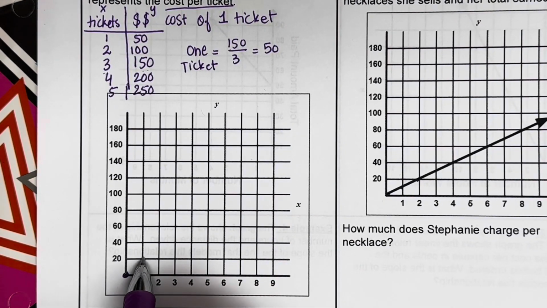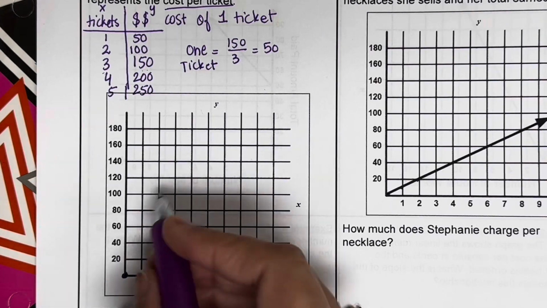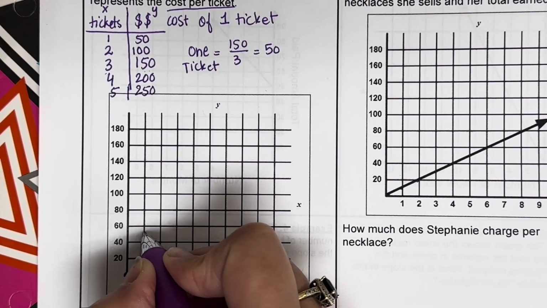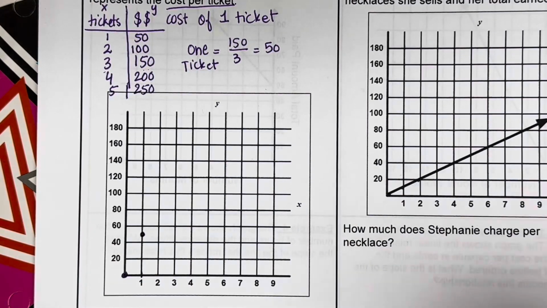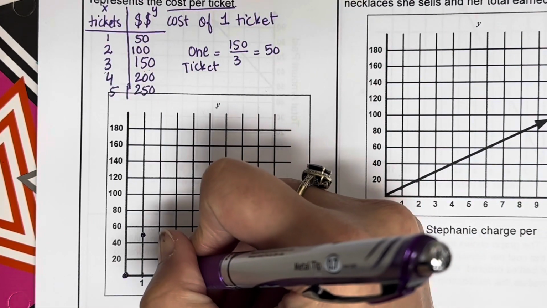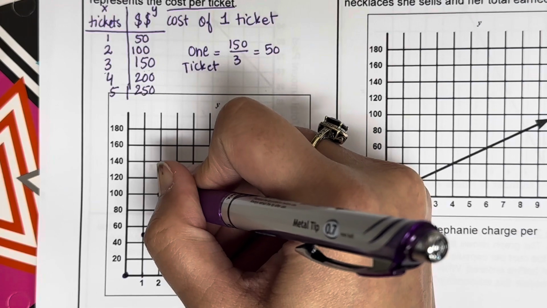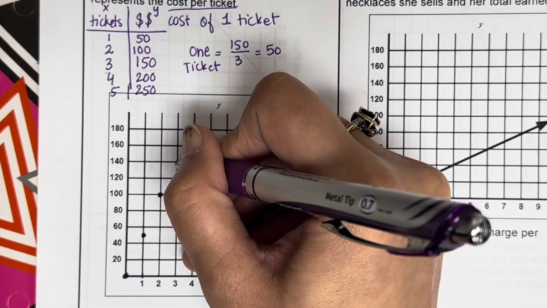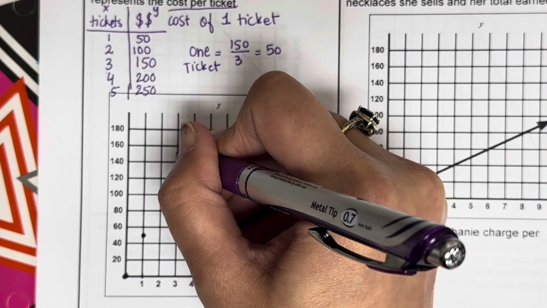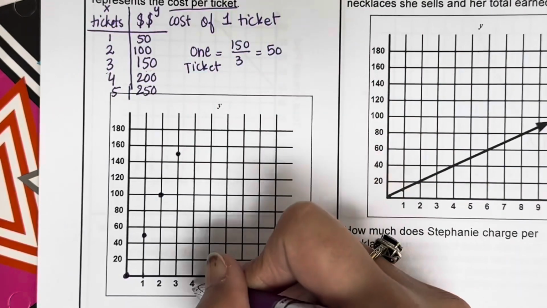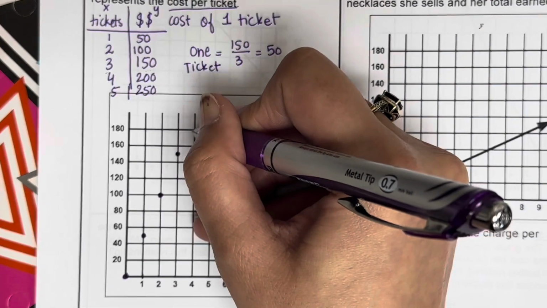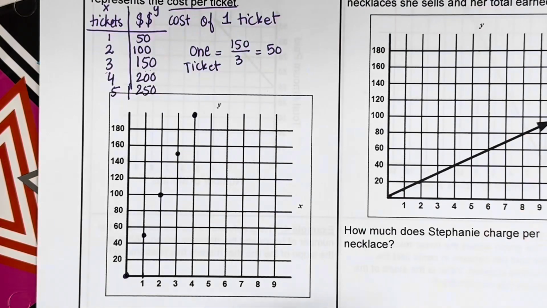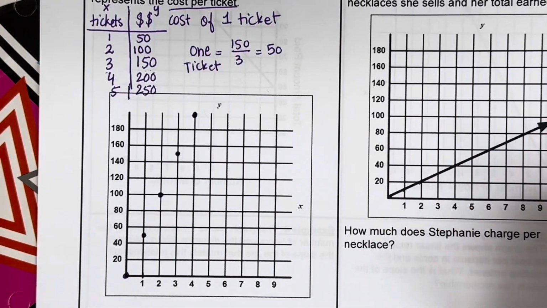I don't actually have a 50, but I can figure out it's 40 here, 60 here, so 50 would be halfway over here. 2 is 100. 3 is 150, so that's 140, 160, that's 150. 4 is 200, which is not there, but I believe it should be over here. Okay. There's no information for 5, so I can't go beyond.